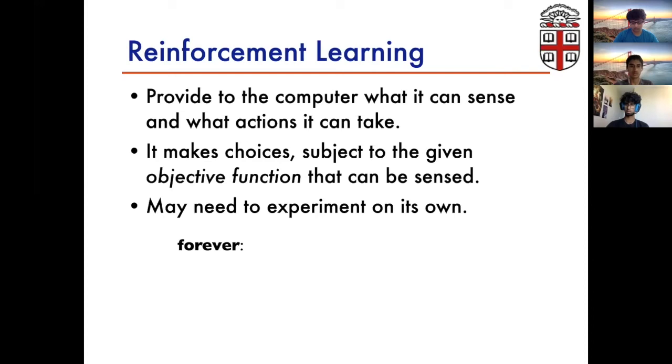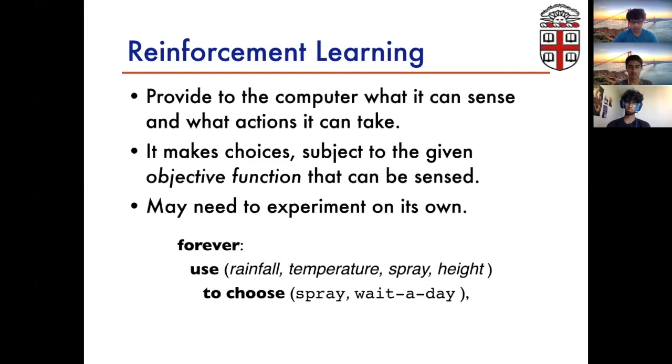So here's how you might express a reinforcement learning program textually. You might say, here's what I want you to do. Forever, use information about the rainfall. This is the tomato example again. Use information about the rainfall, the temperature, the spray, the height, all the stuff that we have access to, to choose at each moment whether to spray or wait a day. And your objective is to maximize the height of the tomato plant.